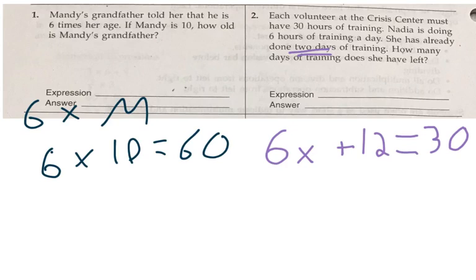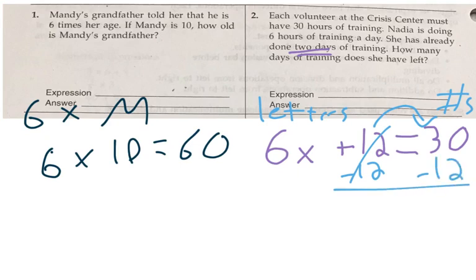So again, I want my letters over here and my numbers over here. So I want to get my 12 over here to be with the 30. So I'm adding 12. What's the opposite of adding 12? Subtracting 12. So I'm going to subtract 12 from both sides. And that gives me 18. And then the 6x comes on down.